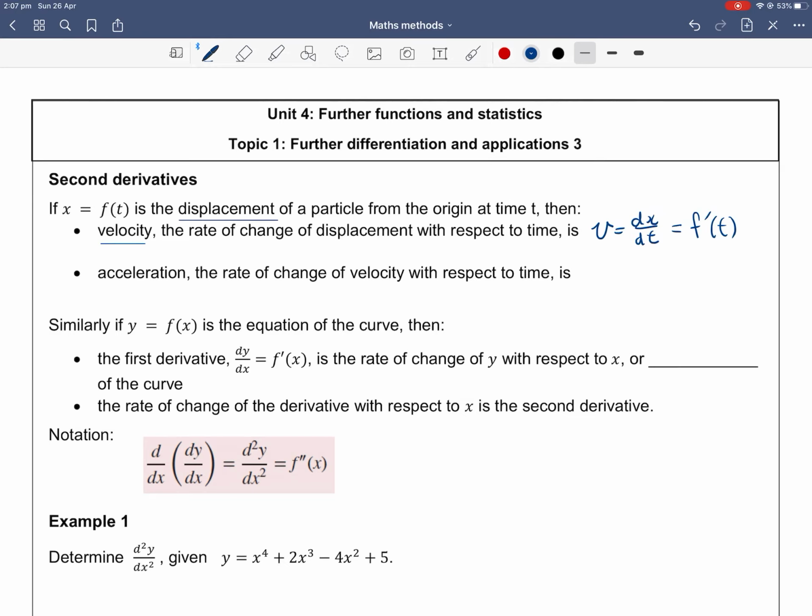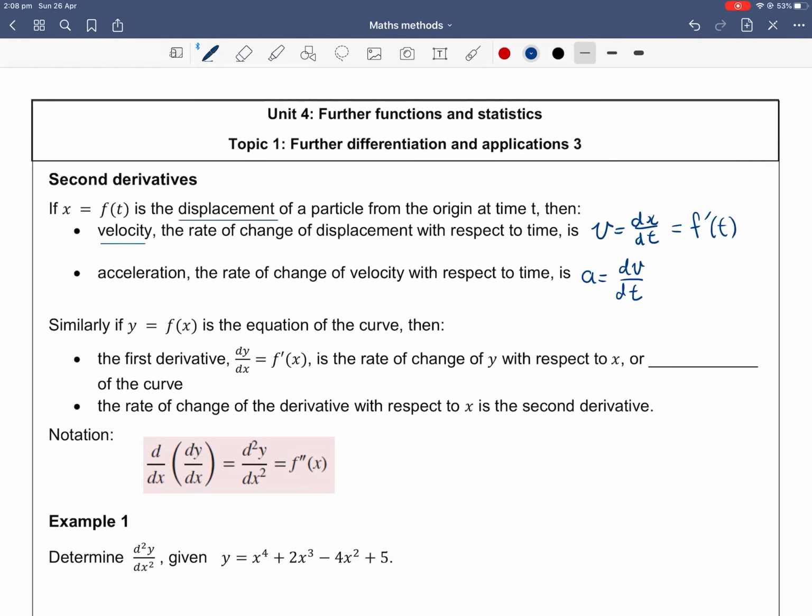If we decide to differentiate velocity with respect to time, we get acceleration. So before, in our derivative context, to work out acceleration we just differentiate velocity, and then we can easily get the acceleration, the rate of change of velocity over time.